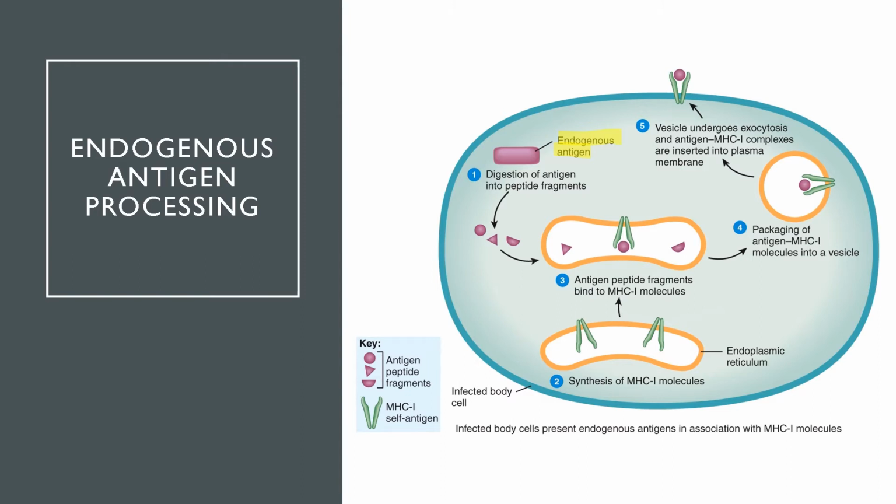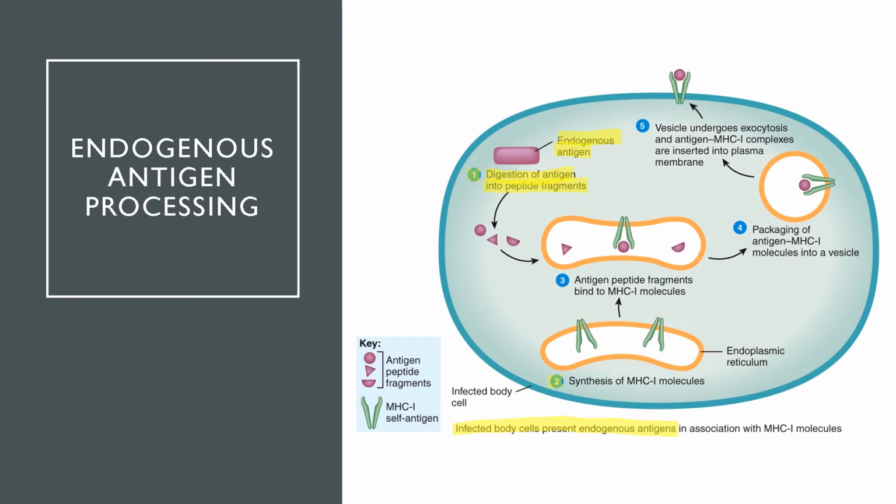Any infected body cell can present an endogenous antigen. Our first step is digestion of the antigen into peptide fragments. Protein-digesting enzymes will split the endogenous antigen into short peptide fragments.